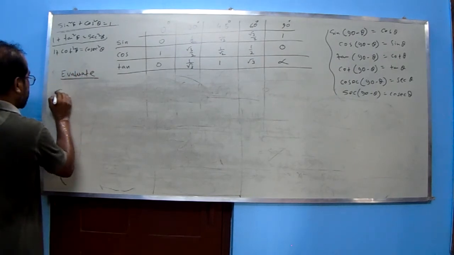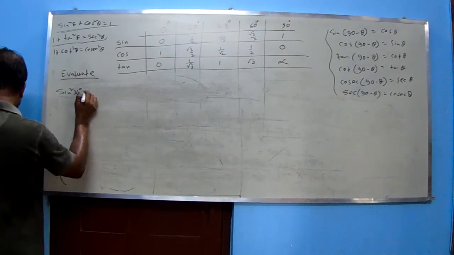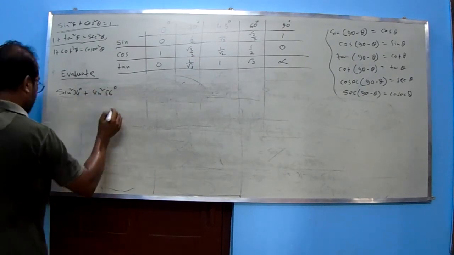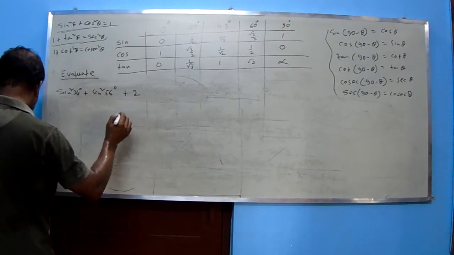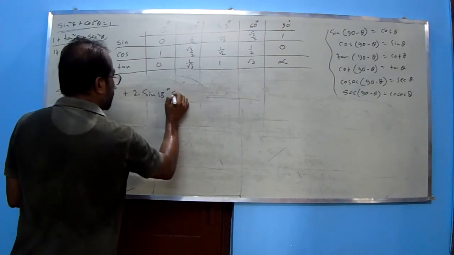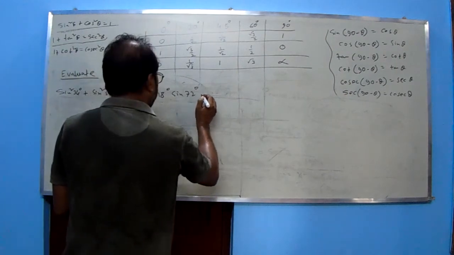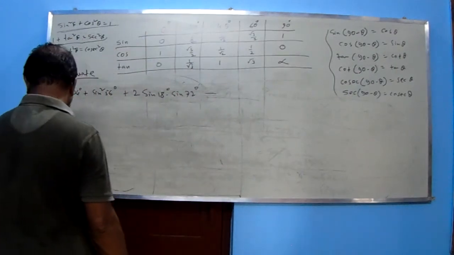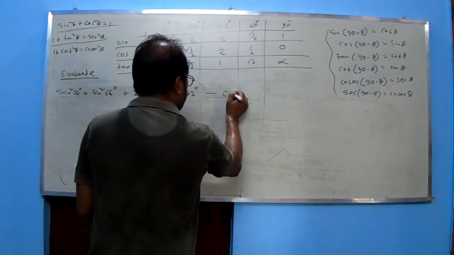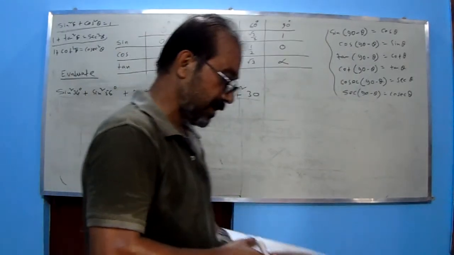Evaluate: sine square 34 degree plus sine square 56 degree plus 2 sine 18 degree sine 72 degree minus, it is multiplication, sine 18 degree into tan 72 degree minus cot square 30 degree.